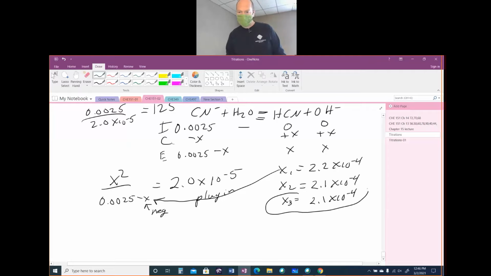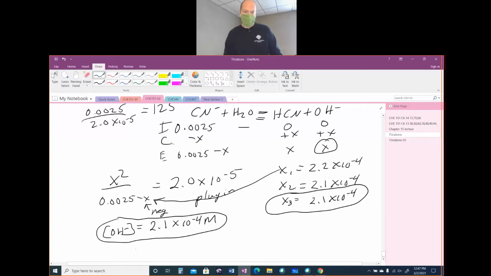All right, so our x value is 2.1 times 10 to the minus 4, and we see that that is our concentration of OH minus. So the OH minus concentration is 2.1 times 10 to the minus 4 molar.